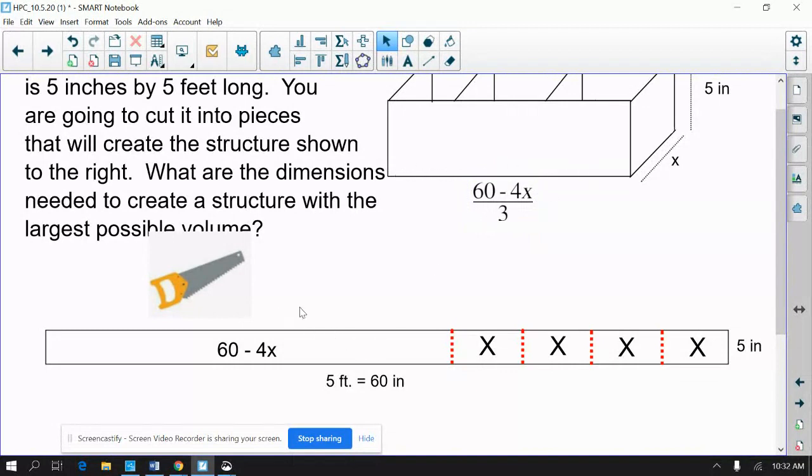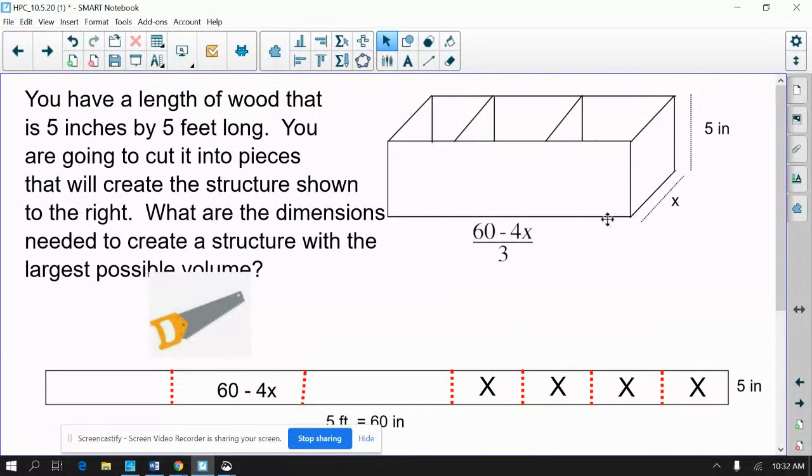Because with my saw, I have to cut it 2 more times. I have to be very careful with my cuts to make sure that I have 3 equal pieces to finish my construction. So therefore, each of those pieces is a third of what I have left over. And I had 60 minus 4x left over. So this length is 60 minus 4x divided by 3.